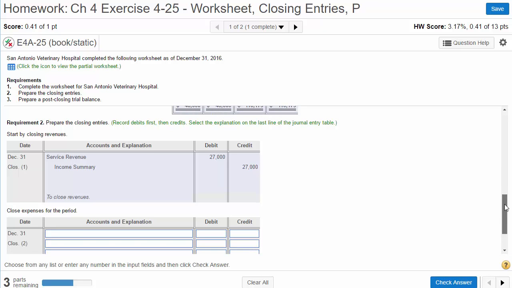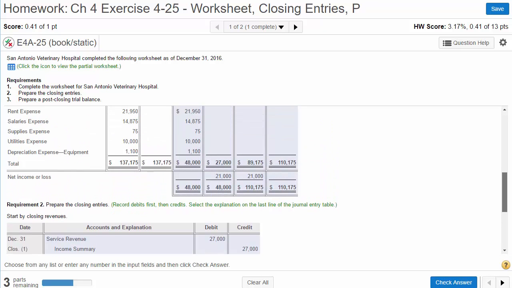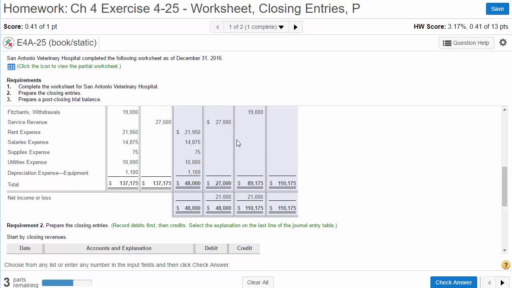So we need to close expenses for the period. Scrolling back up here, our expenses are rent expense, etc. Notice rent expense, or expenses in general, are on the debit side. So to close them, I need to put the amounts on the opposite side. So rent expense will be a $21,950 credit.